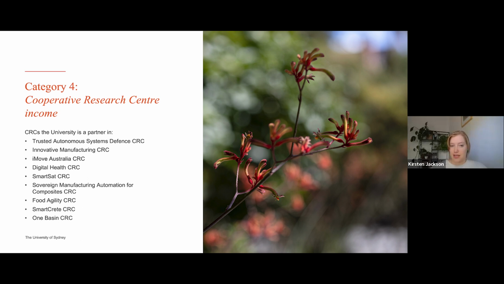Bids to become a CRC can be submitted annually, though maybe 1 to 3 are approved every year. Bids are a lot of work, and you almost certainly won't get up the first try. The CRCs that Sydney University is already a partner to are the ones listed here on the screens.